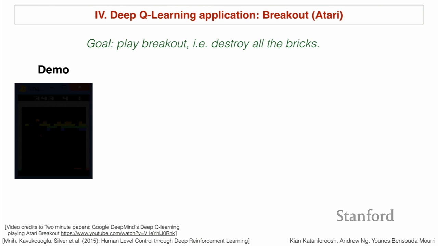But in Breakout, you can actually try to dig a tunnel to get on the other side of the bricks, and then you will destroy all the bricks super quickly from top to bottom instead of bottom up. What's super interesting is that the network figured this out on its own without human supervision. And this is the kind of thing we want. Remember, if we were to input the Go board and output professional players' moves, we would not figure out that type of stuff most of the time.